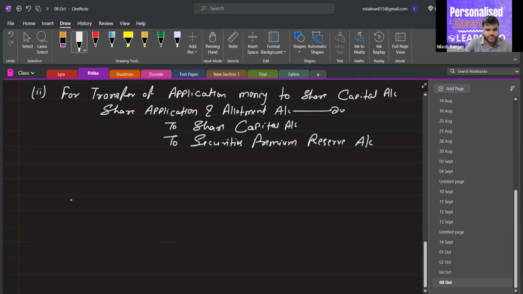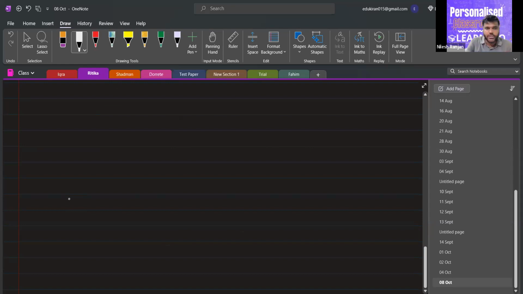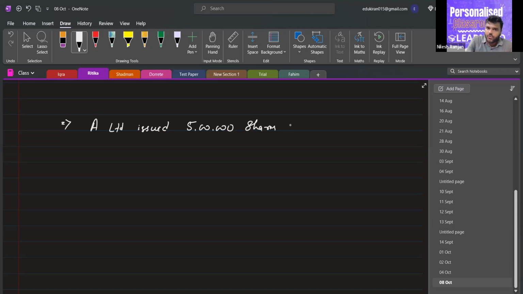It will take less time to create a question than to find it. So first of all, let's say A Limited issued 5 lakh shares of rupees 10 each.